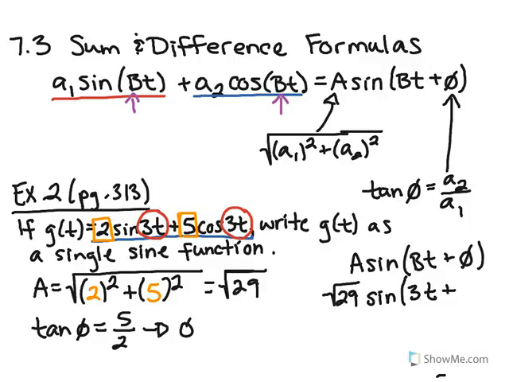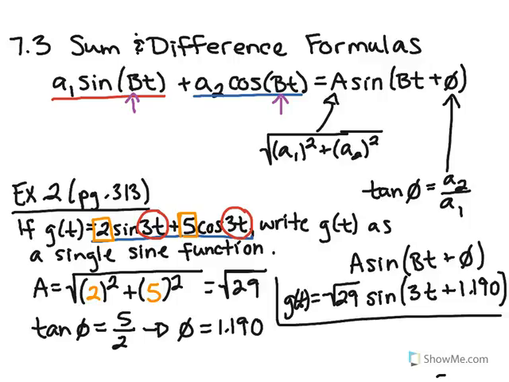And when I use my inverse trig, that should yield phi to be 1.190. So that's exactly what I'm going to write here: 1.190. Note that when I did the inverse, this number stands for a radian measure, so just make sure that you know that. So this would be my final answer. This is my g of t function as one function.